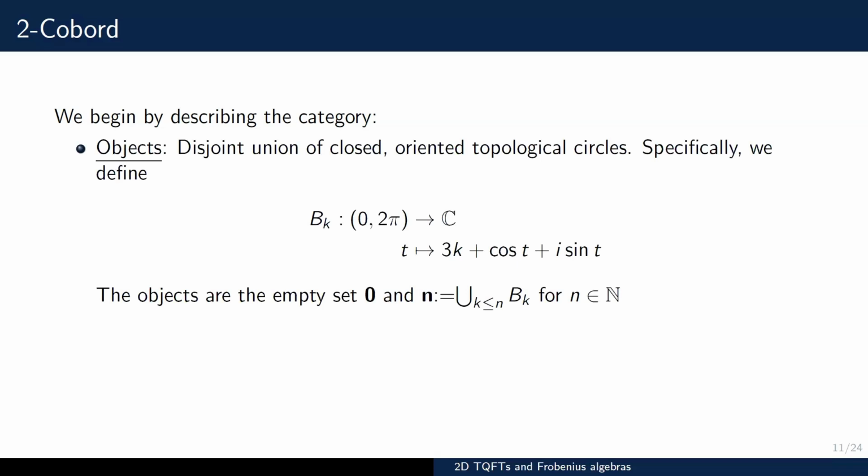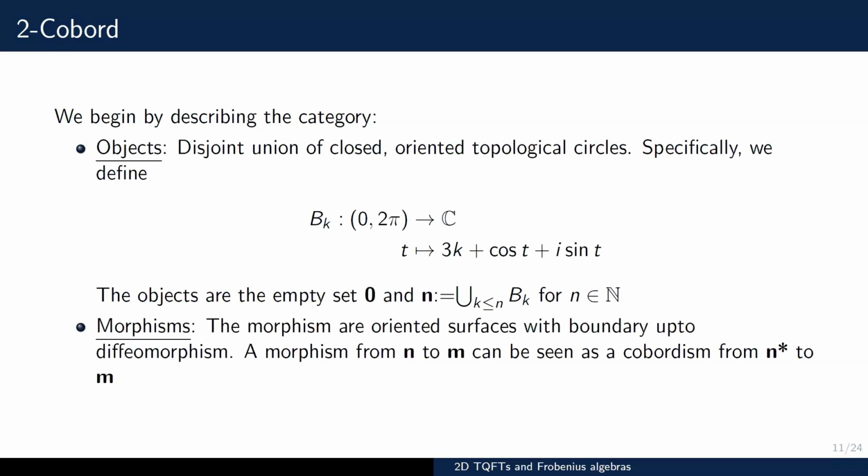To every natural number n, we assign the disjoint union of n circles, and these are our objects. Morphisms, again, are oriented surfaces with boundary. A morphism from n circles to m circles is an oriented cobordism.